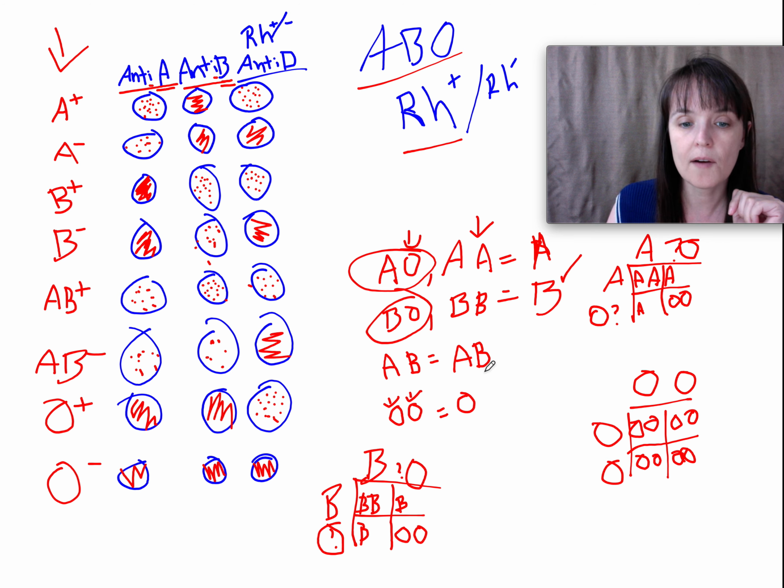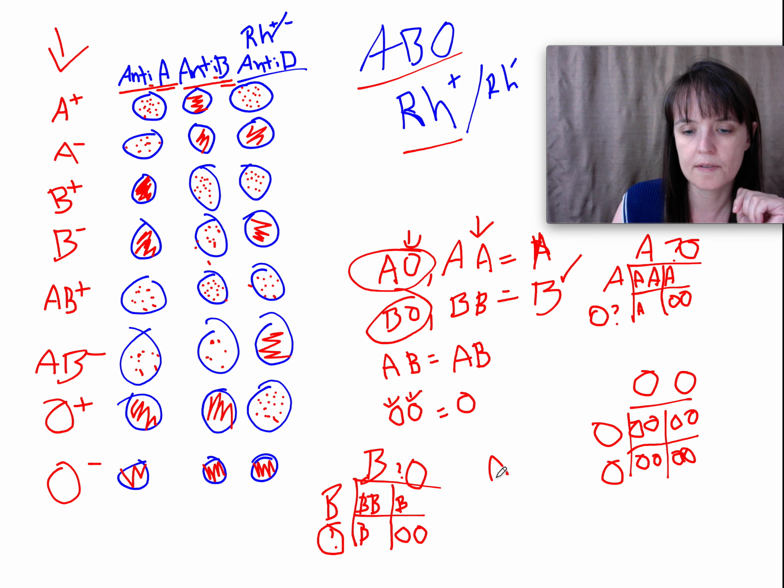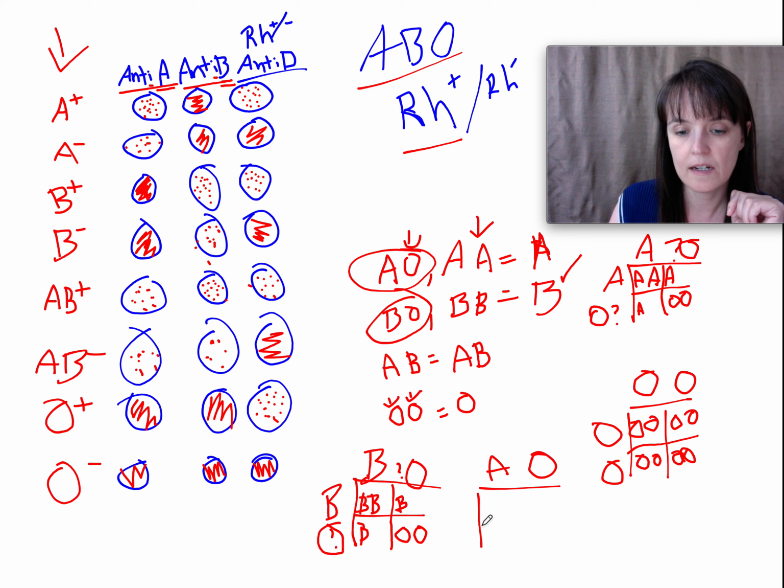Okay, what happens if you have a type A that's heterozygous with a type B that is also heterozygous?